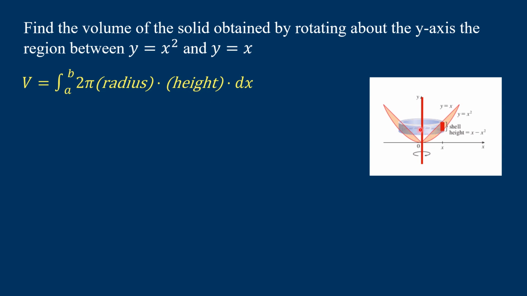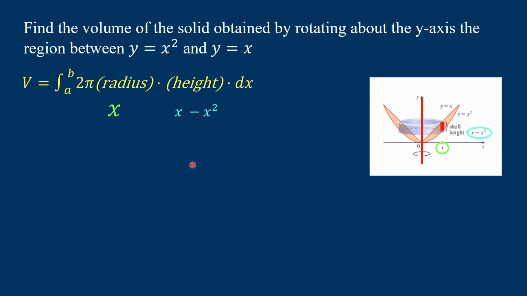The radius is the distance between the axis of rotation and this rectangle, definitely x. The height is the distance between two curves. The top curve is x, the bottom function is x squared, so the height is x minus x squared.